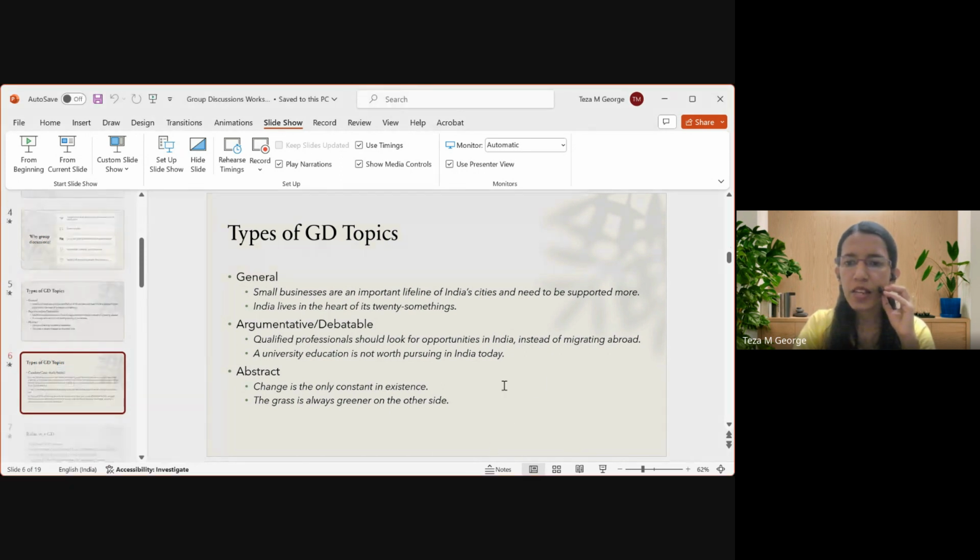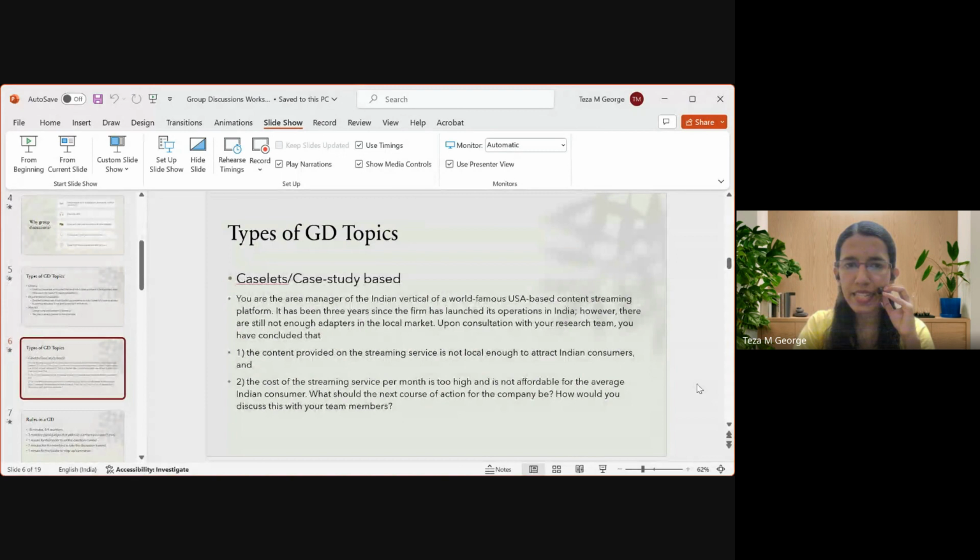Right. There can also be caselets or case study based group discussion topics. For example, you are the area manager of the Indian vertical of a world famous USA based content streaming platform. It has been 3 years since the firm has launched its operations in India. However, there are still not enough adopters in the local market.